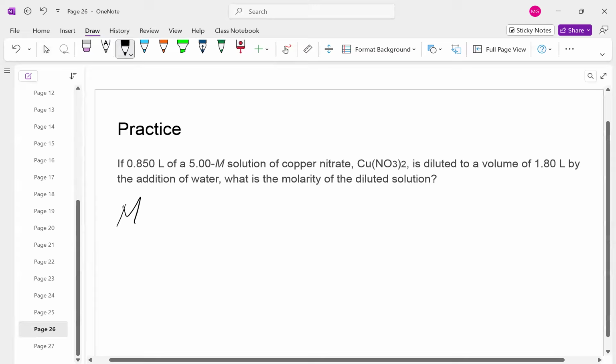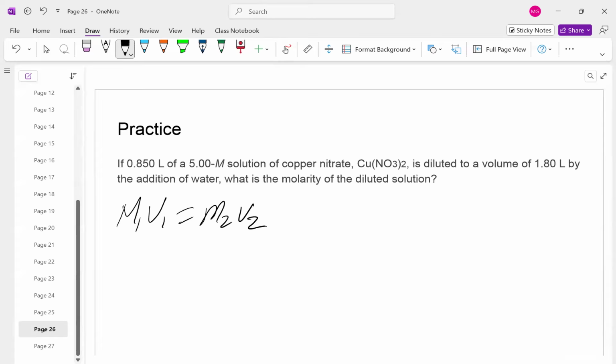We know we're going to be using our dilution formula here. So let's label everything. So where's our before solution? That's right here. This is M1 and this is V1. And we're diluting it to a volume of 1.8 liters. That's V2. And the problem is asking us to calculate M2.